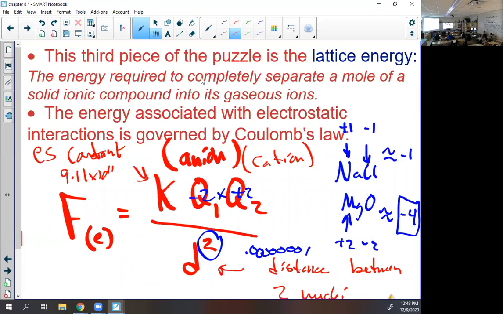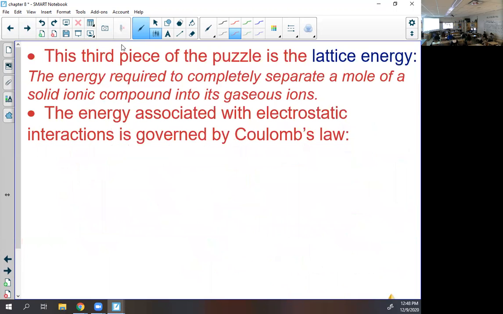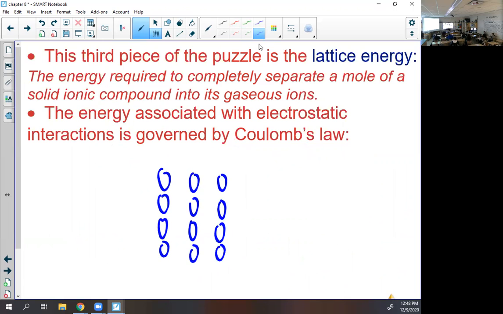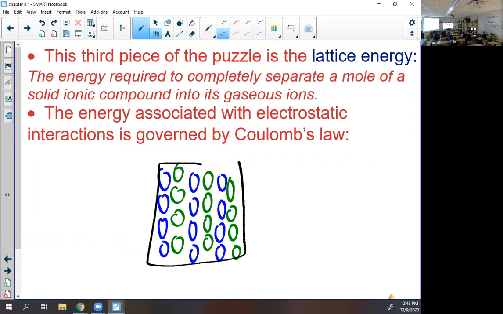Okay, so I will come back and talk through all that. But what we're saying is, if I had a big chunk of sodium chloride, and it's not drawn to scale by any means or any accuracy, but let's just pretend that this is a piece of salt.